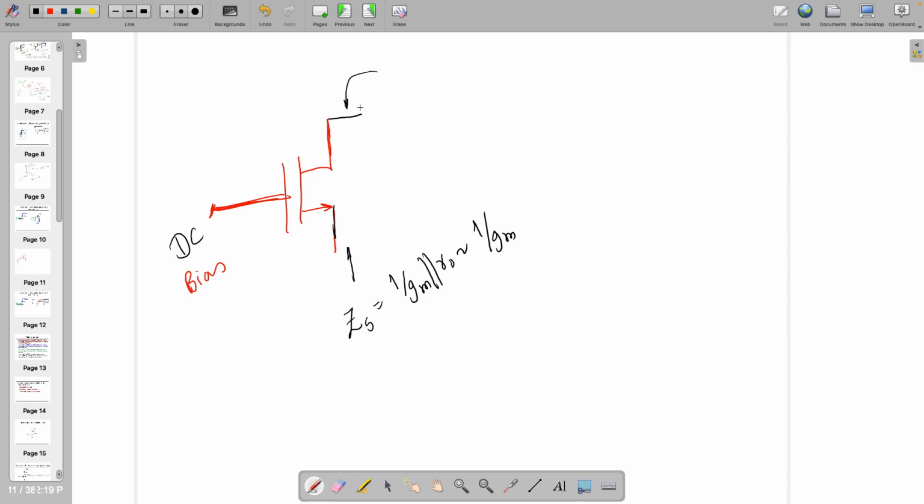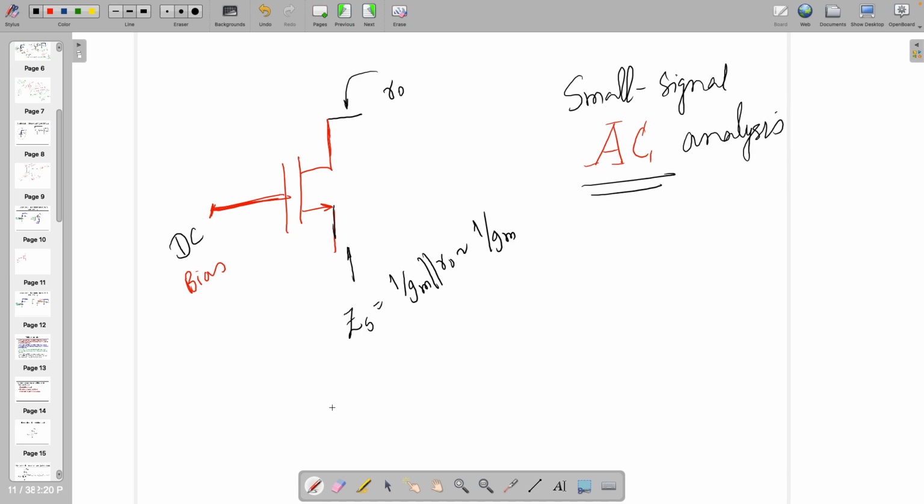Why 1 by gm? Gate to source, ro, right? Understand, when we are doing this, one important thing we have to remember during small signal AC analysis. I am keeping this in different colors so that you can remember it forever. Small signal AC analysis is about AC.